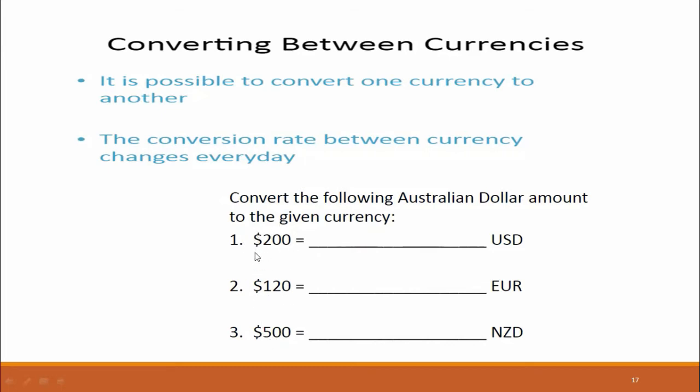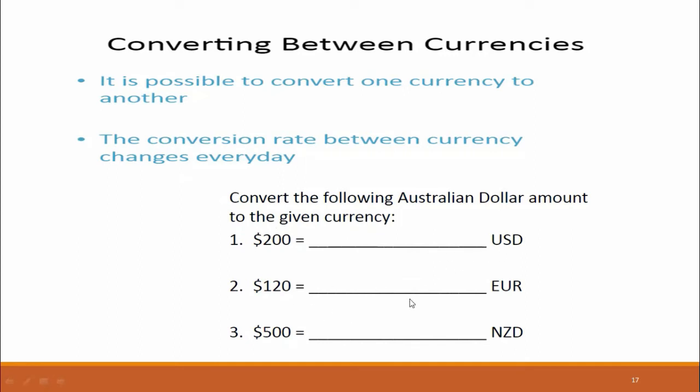To convert Australian dollars to USD, first of all find the amount of one Australian dollar in USD. If we find what $1 is equal to in USD, then multiply that amount by 200. You will convert the $200 Australian to USD.